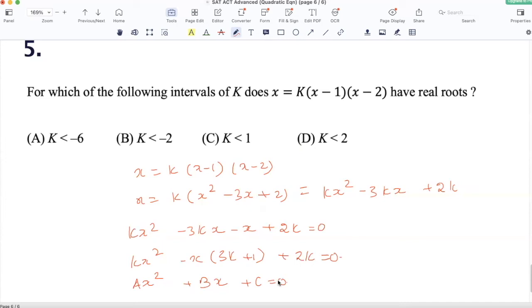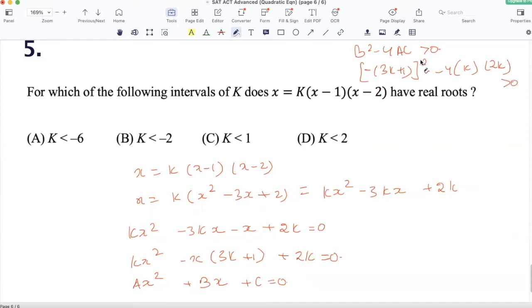Now, for this to have real roots, the discriminant, which is b squared minus 4ac, should be non-negative. So b squared would be minus of (3k plus 1) whole squared, minus 4 times a, which is k, and c, which is 2k, right? This should be positive.